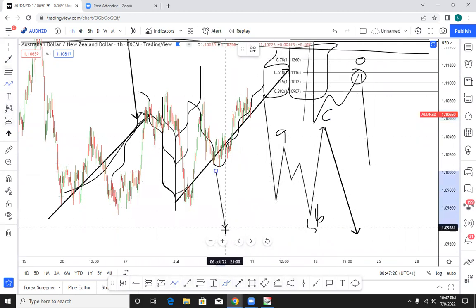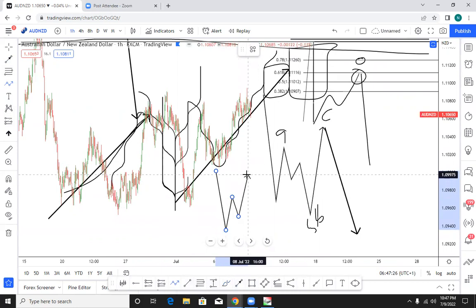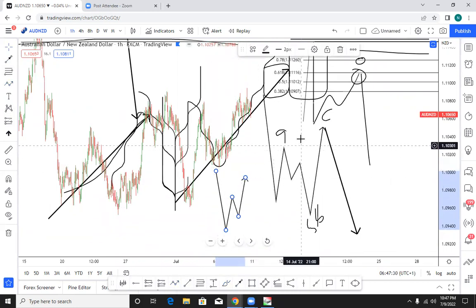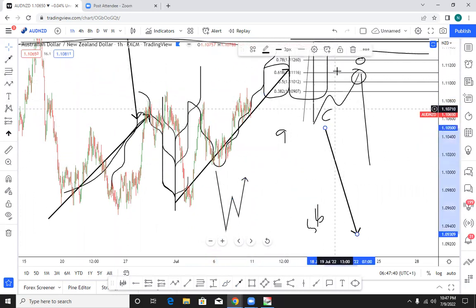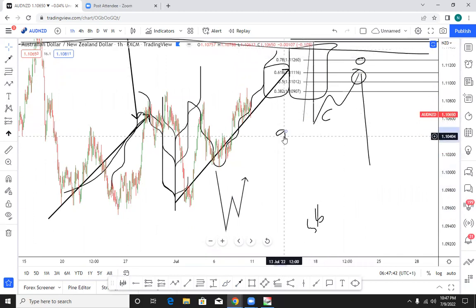You have an impulse, you have A, you have B. Can you see B does not get to the beginning of A, and you have C. By the time this C comes, it will have come to 78. That is why you hear me say, if it is a zigzag or expanding flat, it can come to 78% fib retracement. Do you understand now, guys?